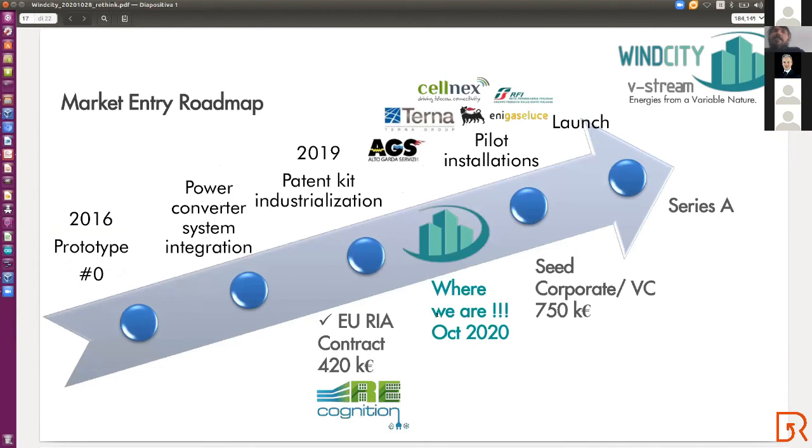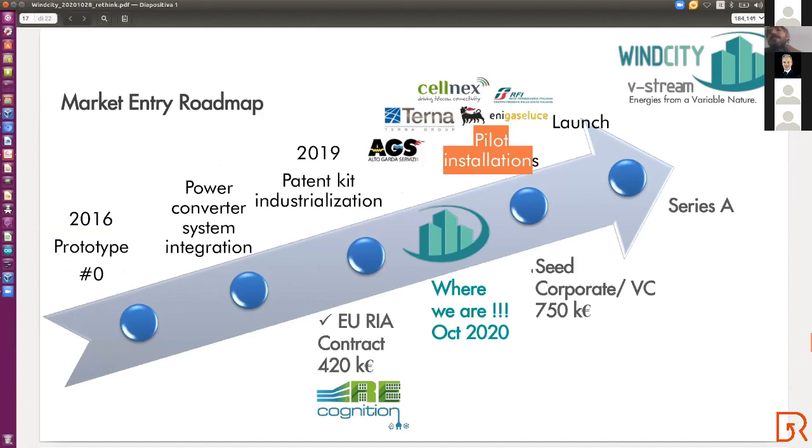We started with our first prototype 3 to 4 years ago, and now after power converter system integration and patent industrialization kit, we are in the pilot installations period, where we have the first early adopters, which hopefully are multi-utility groups and very big players in the country for the energy sector.